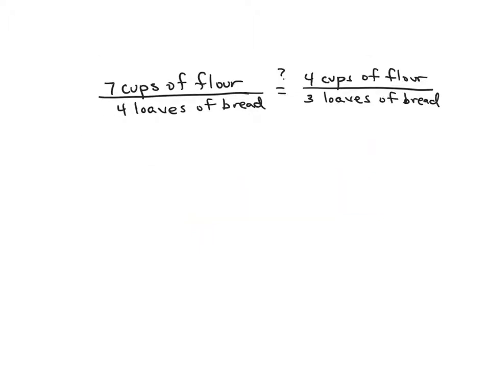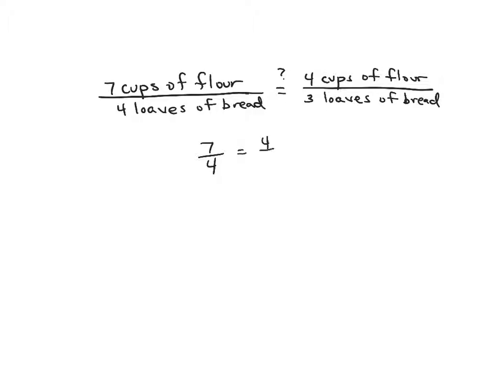So in this section, you will be given something that looks like it is a proportion, but you will be asked to prove that it is a proportion. So here I have 7 cups of flour for 4 loaves of bread. Is that the same as 4 cups of flour for 3 loaves of bread? In order to prove that, all I'm going to do is rewrite this without all the words.